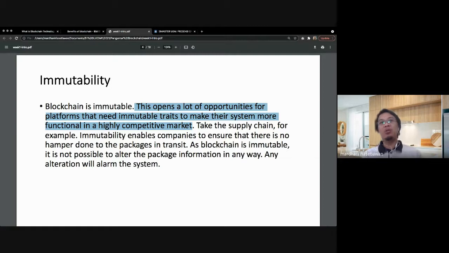What kind of technology has a functionality or feature that is immutable, but in the same way can be used in many platforms. Yeah, so for example, imagine that when we use the cloud platform, for example cloud computing.